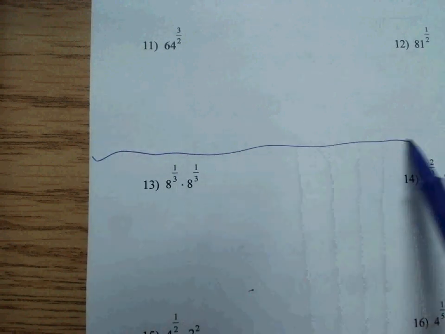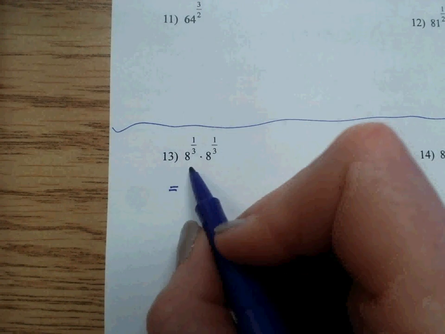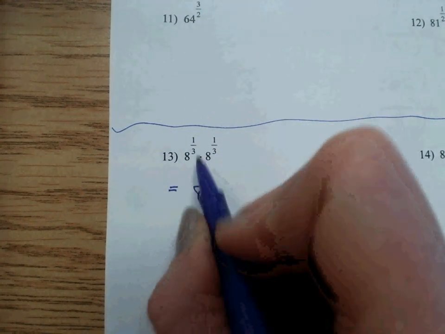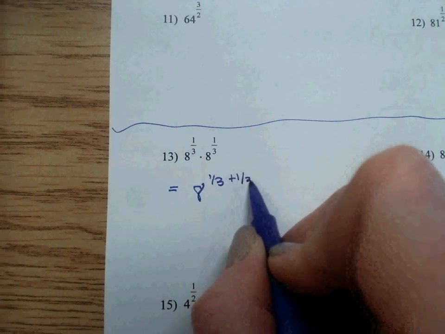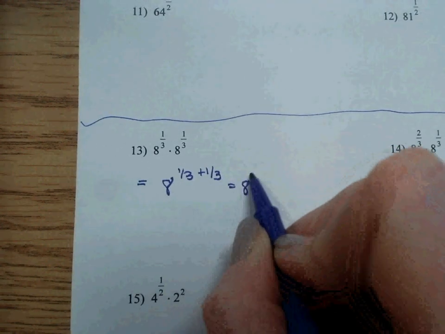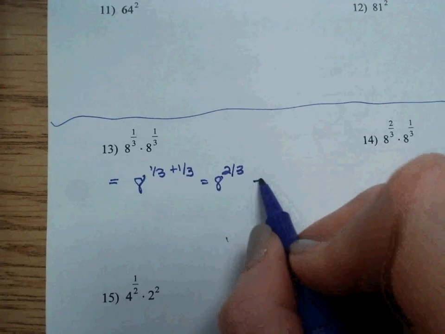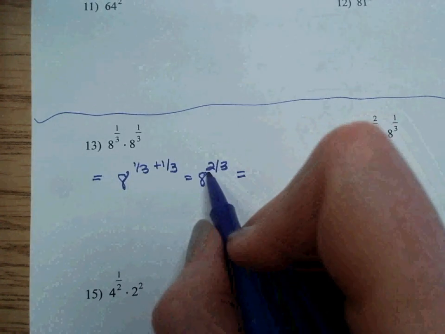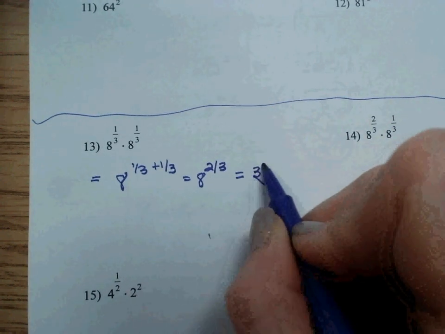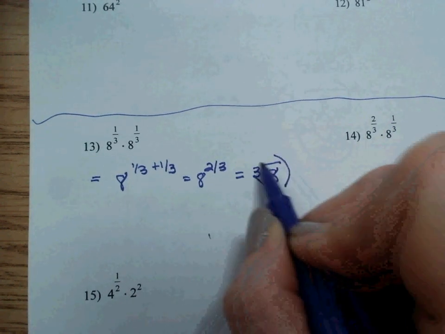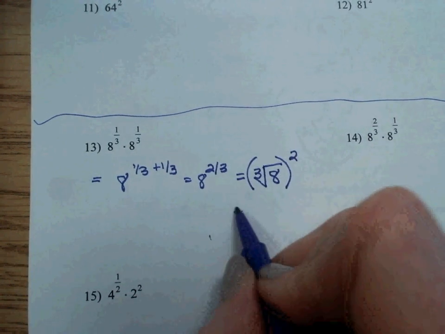And then the last type of problem you'll do is where you need to add the numerators and then simplify. So when we're multiplying base 8, adding 1/3 and 1/3, we get 8 to the 2/3. Again, don't stop there. We do need to simplify. So this becomes the third root of 8, or the cube root of 8 squared.